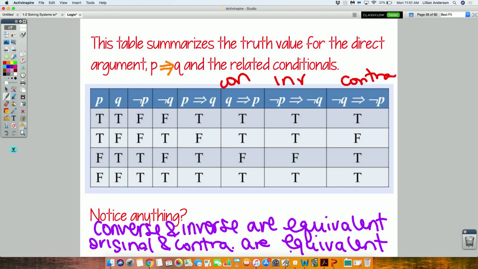Don't forget about it. It could very well happen that they ask you to determine which one of these statements are equivalent, and instead of doing the truth table, you could save some time if you just memorize those. We're going to look at another example, but I think you guys get the idea of writing the converse, inverse, and contrapositive. So then we're just going to talk about this next example.